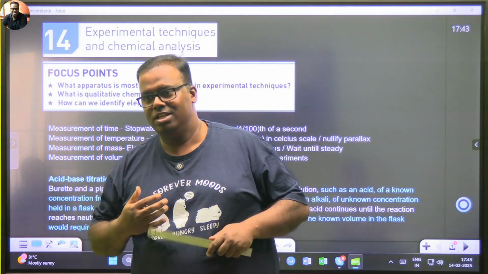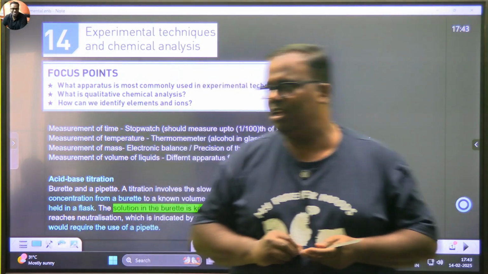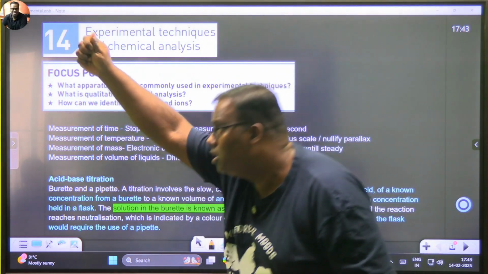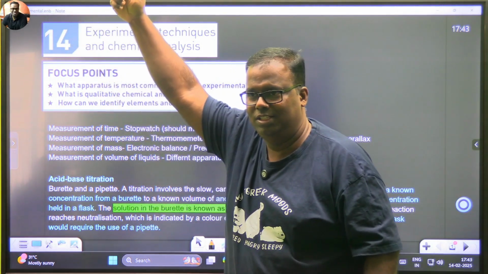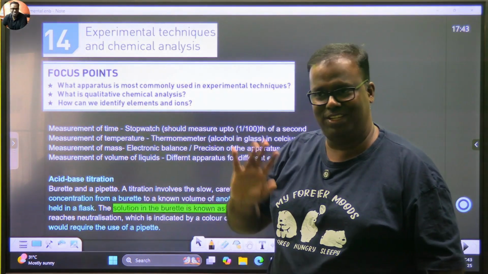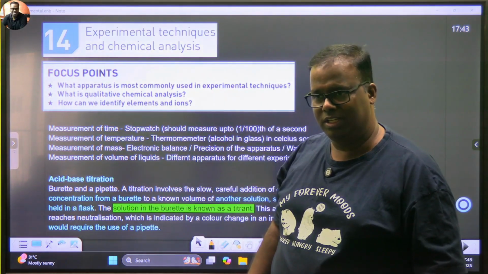In our days, an external would come and keep noting something. He would keep roaming. So you're performing your experiment, and suppose you're taking the reading of the burette in a wrong manner. One or two marks have already been cut. Even if you get 38.1 as the right answer, no, you don't know how to use the apparatus. Are you getting it? Right.